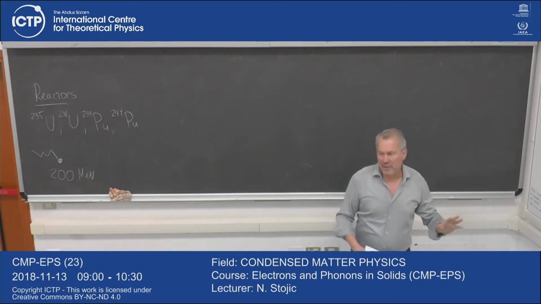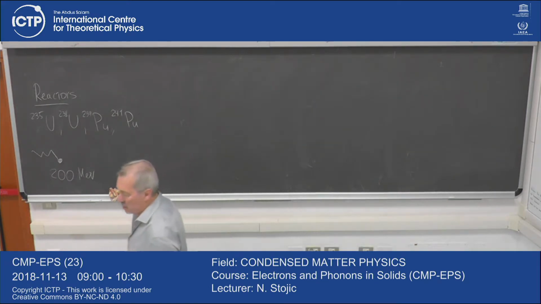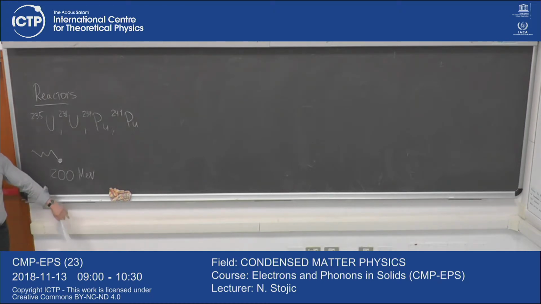So in this chain of processes, something like 200 MeV of energy is released in the form of gammas, in the form of electrons and positrons. But also neutrinos are emitted. So decays occur mostly due to weak interactions, and these kinds of decays are beta decays.